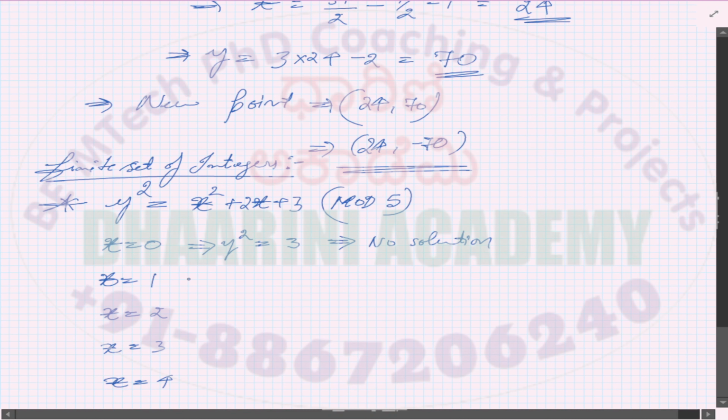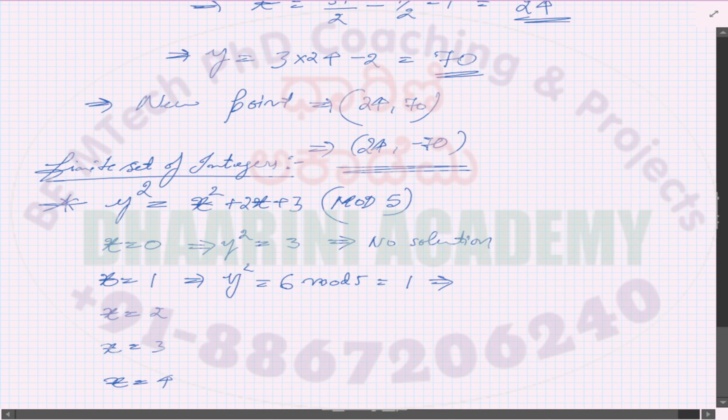Okay, let's put x equal to 1. What happens to y square? This is 1 square plus 2 into 1 plus 3, so that is 6. But I should apply the mod 5 operator, and that becomes 1. Now can you check, is there any answer?